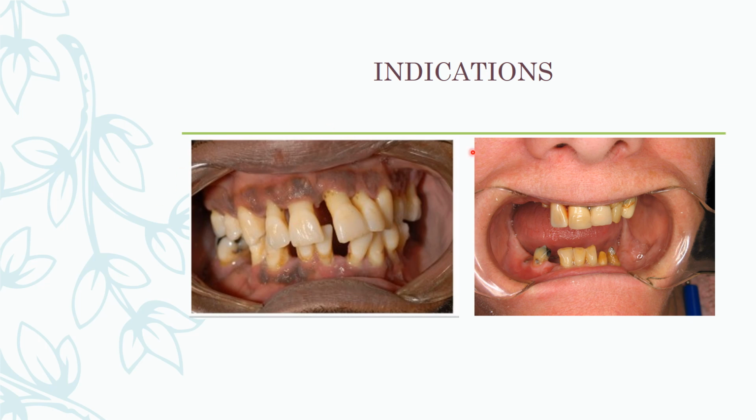These are the basic indications for which a person would go for an immediate denture. Basically, a person who requires total extraction can get an immediate denture fabricated if he has certain social concerns or aesthetic concerns.